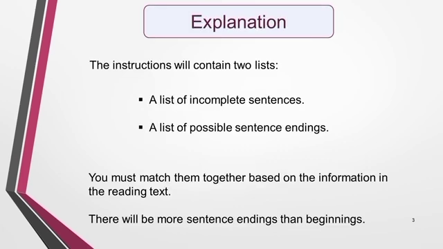First, the explanation. The instructions will contain 2 lists, a list of incomplete sentences and a list of possible sentence endings. Your task is to match them together based on the information in the reading text. There will be more sentence endings than beginnings, so you won't need them all.